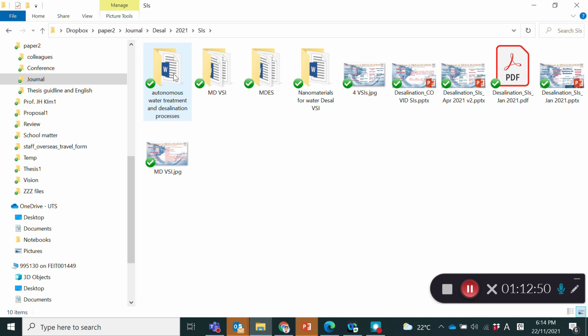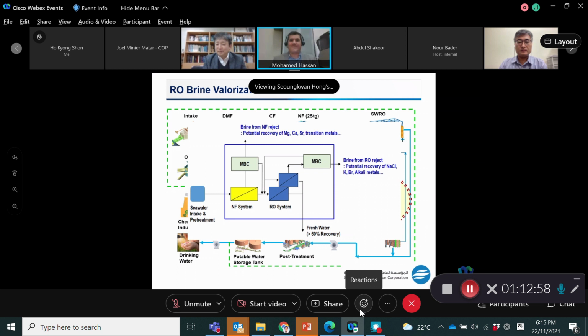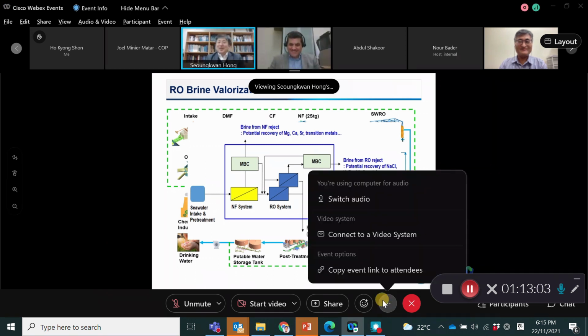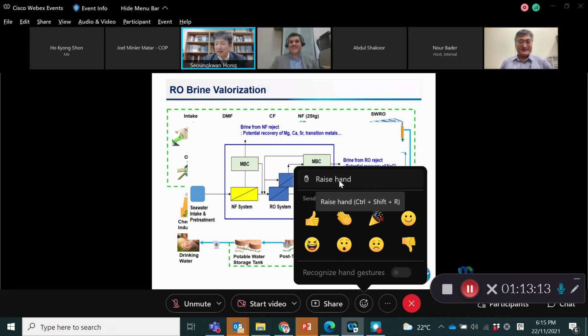Perfect. Also, on the LG Chem new polyamide membrane that was developed, what is the lifetime of this one, Professor? Especially at high temperature. This one is just on the market, and I'm not a representative of LG Chem, so I cannot say.